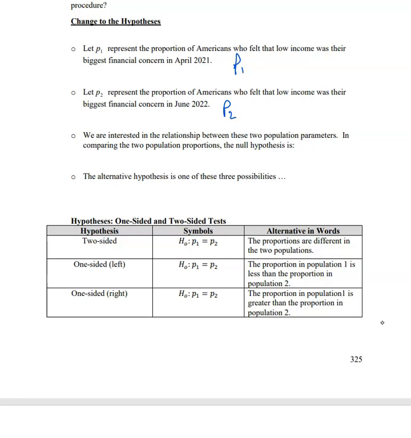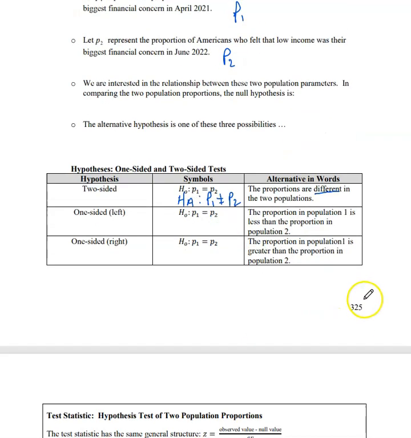The null hypothesis is that P1 equals P2. There is no difference between the two population proportions. But the alternative would be that the populations are different, so that would be P1 does not equal P2. So that would be the two-sided version of our hypothesis test, where the two proportions are different.